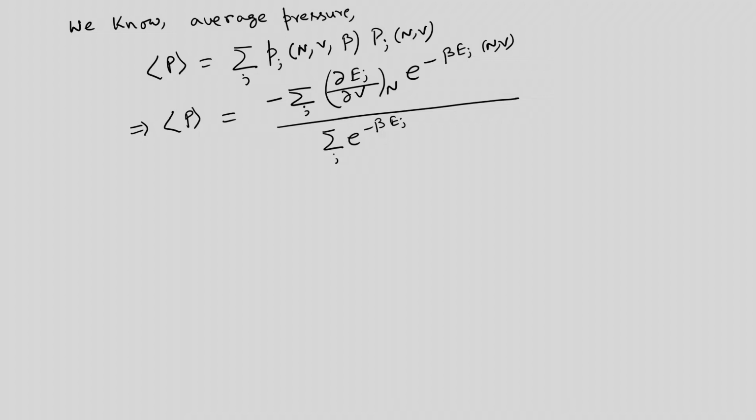Now, we will differentiate average pressure with respect to beta, keeping N and V constant.